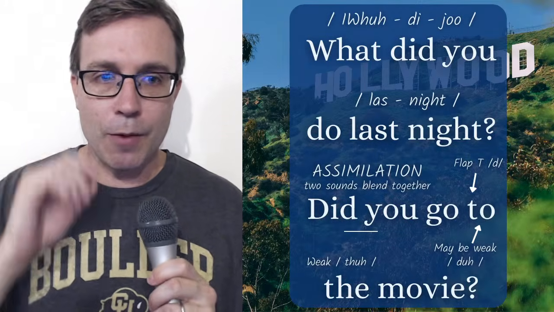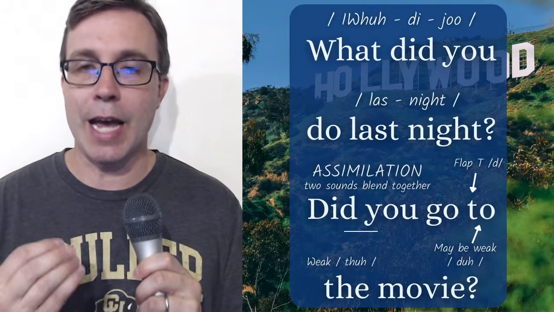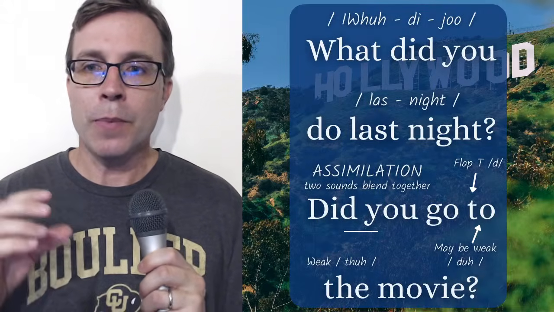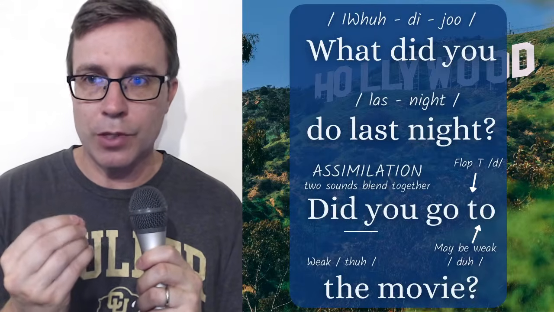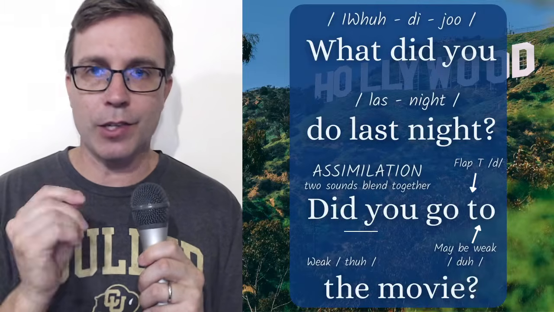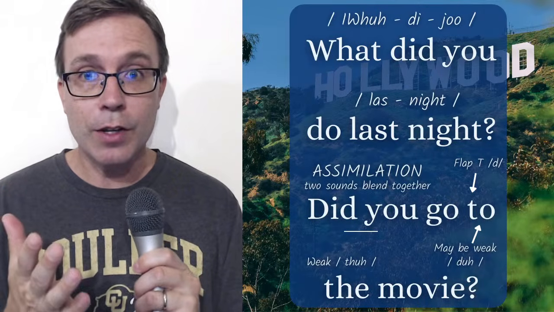One thing I want to point out, and I think this is really common with the American accent: in the United States, people will take certain words and reduce them, and the vowel sound is changed. This often happens with function words, for example "to."